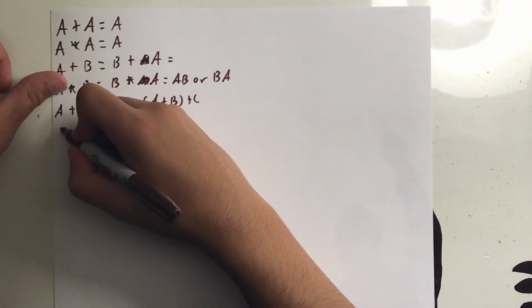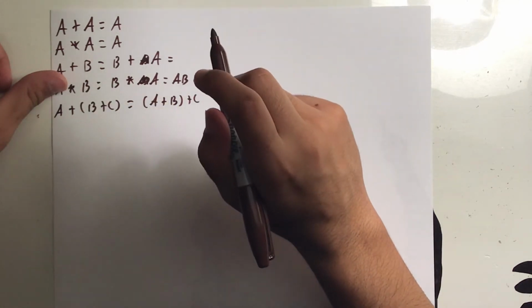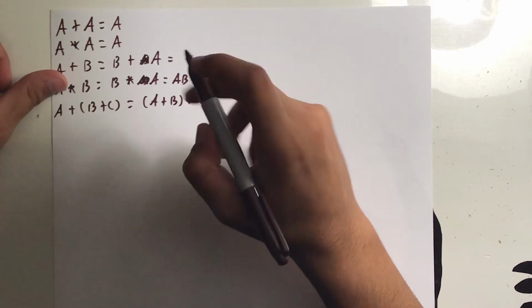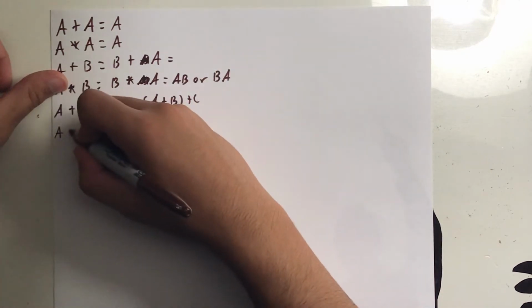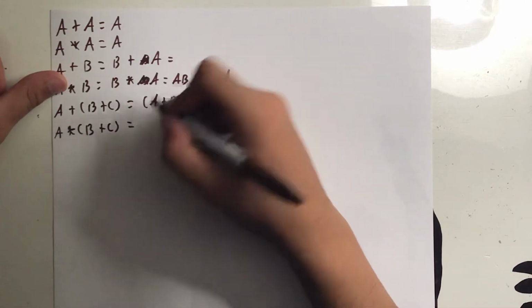I'm going to keep on going down. A times B plus C. It's just using the distributive law.